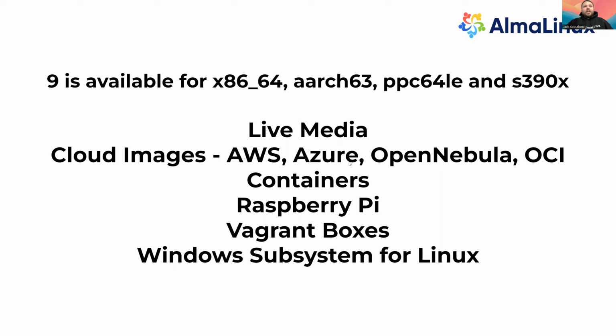We have live media. We have cloud images for all the major clouds, also for OpenNebula in ARM64 and x86_64, Oracle Cloud, AWS, Azure, containers, Raspberry Pi, Vagrant boxes, a whole bunch of them, and WSL for those of you that are Windows users. So we really build a lot.